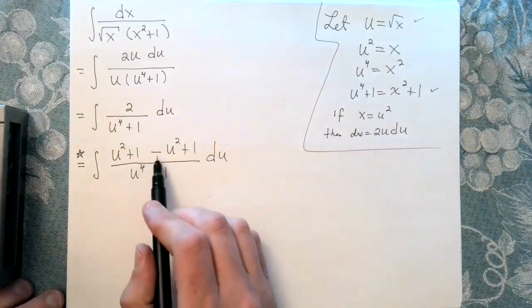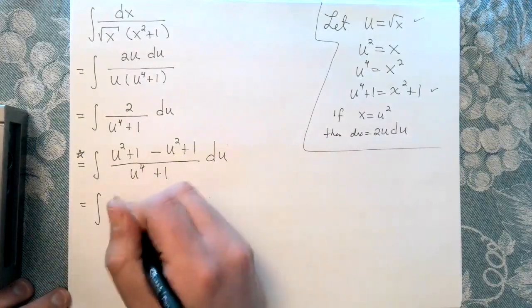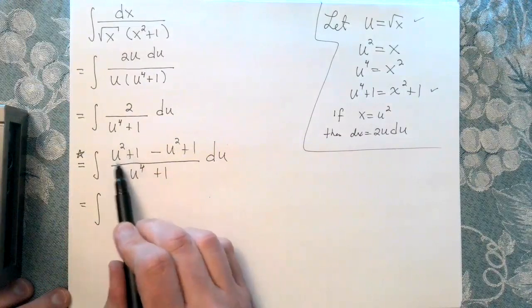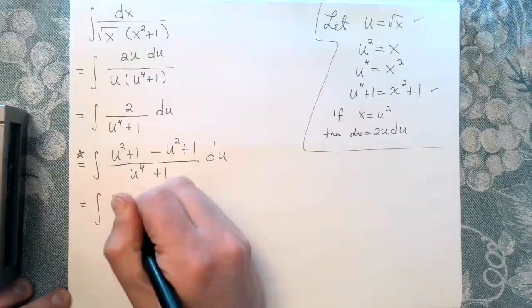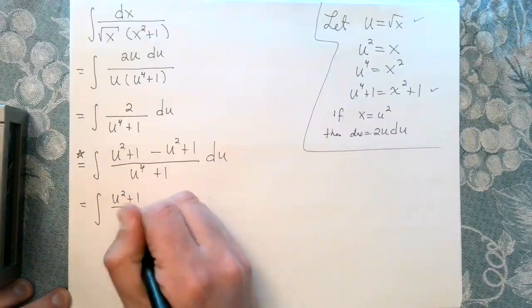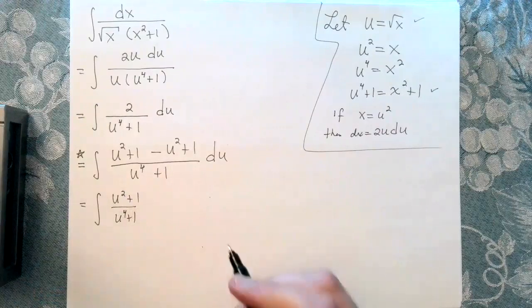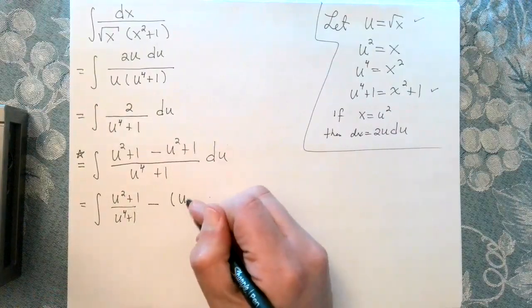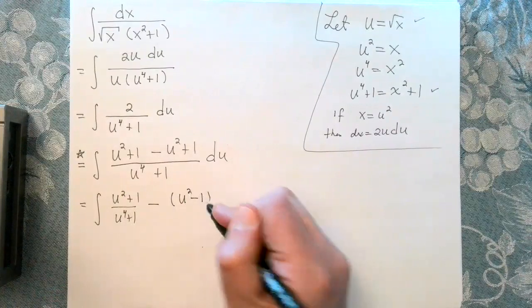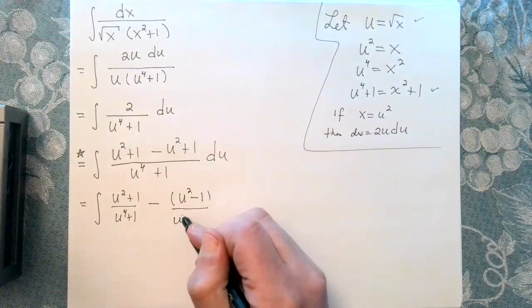Okay, so the next thing I want to do is maybe factor out this negative and break up my fractions. So I'm going to break up my fractions as this quantity over this. So that seems pretty good. And then minus, so I will be factoring. So that's this quantity if I factor out a negative 1 over u to the 4th plus 1.